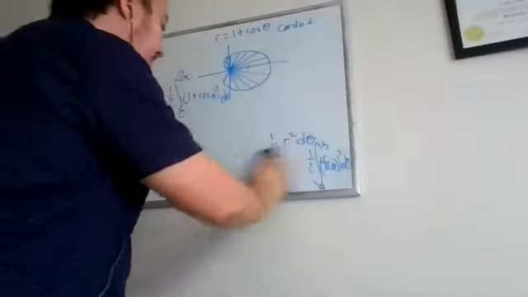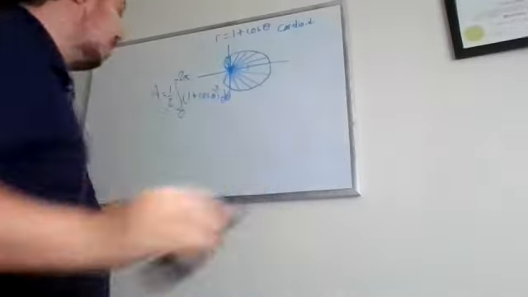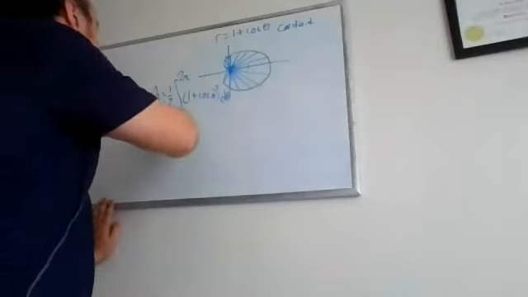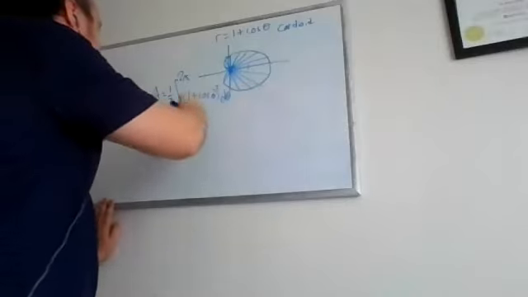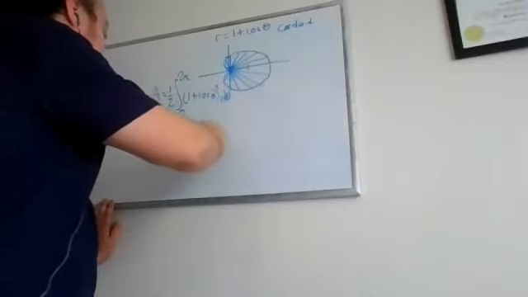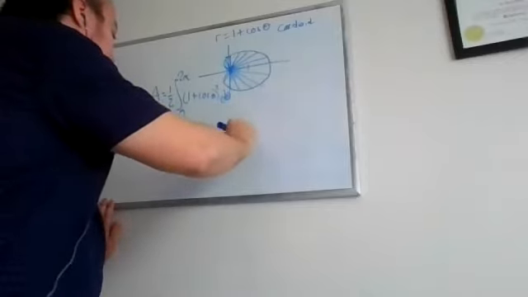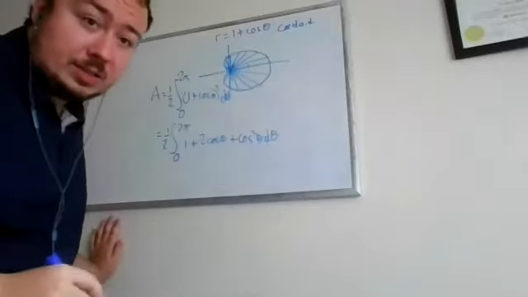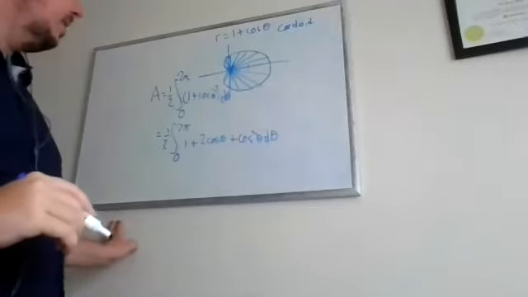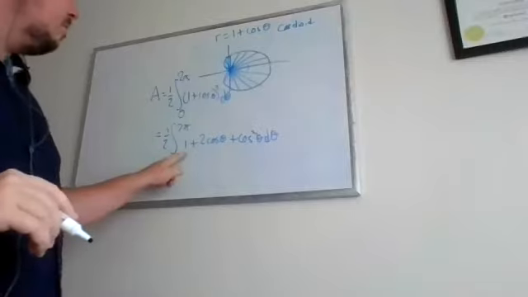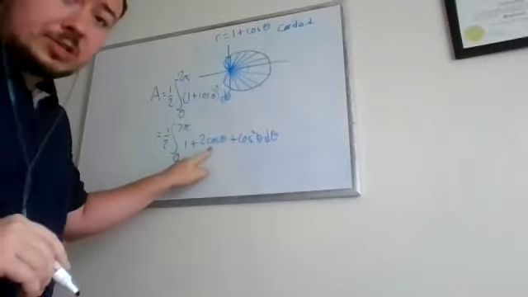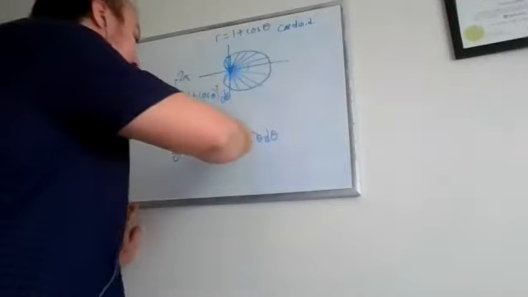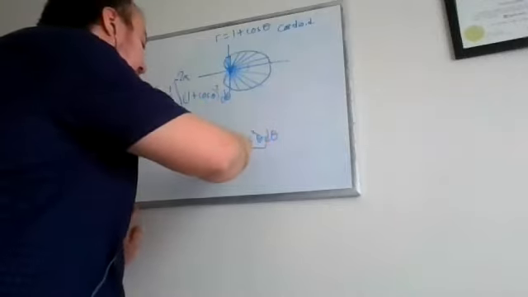All right, well, let's get a little bit of review in for doing an integral like this. So the first thing we're going to do is square the inside. So I have 1 plus 2 cosine of theta plus cosine squared of theta d theta. So this is going to be my integral right here. Now we know how to integrate 1. We know how to integrate 2 cosine of theta. That would just be 2 sine of theta. But this guy we need to modify first. So remember our half angle formula.